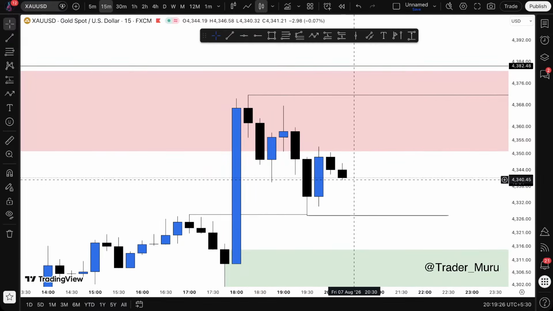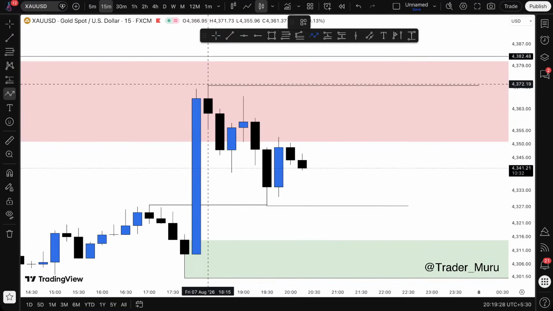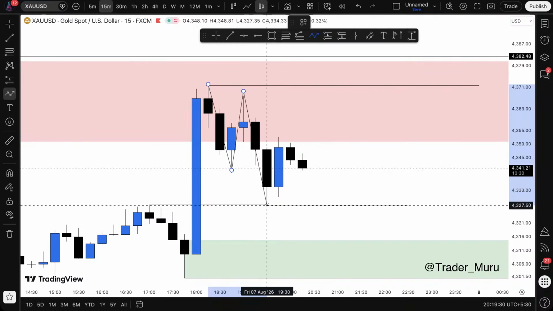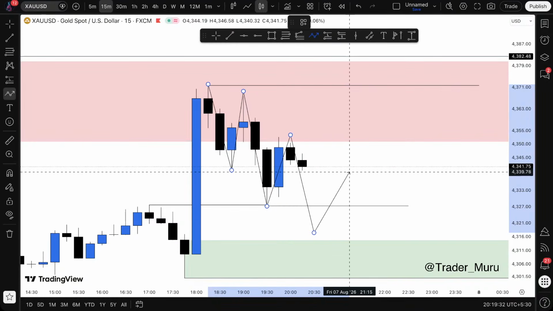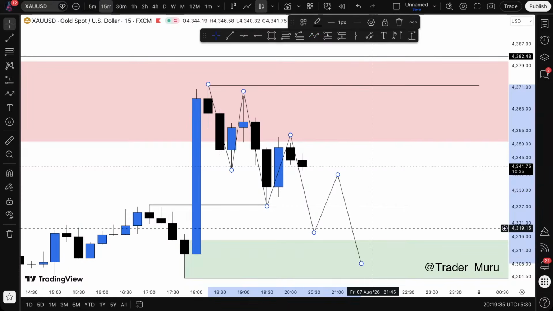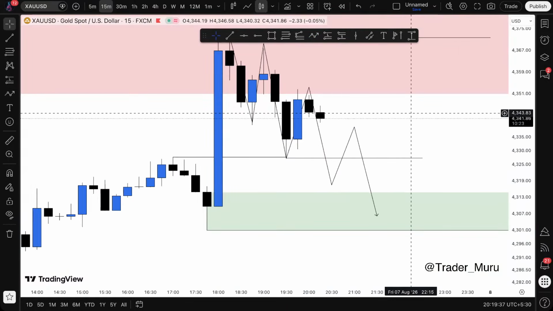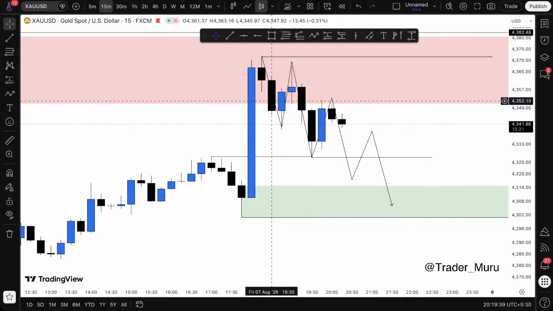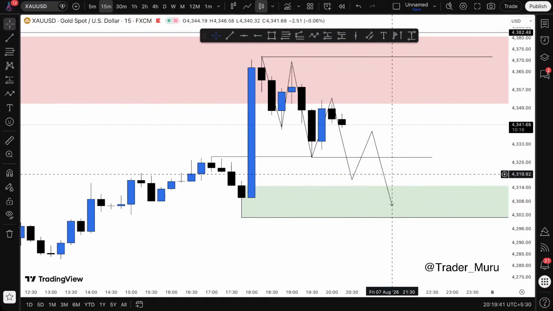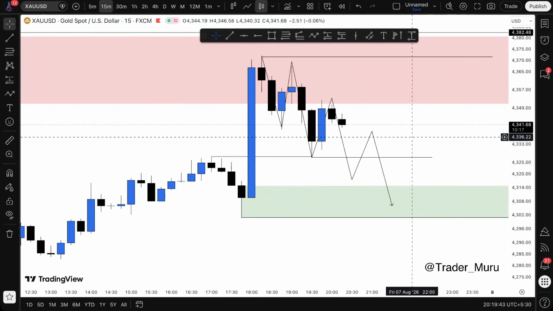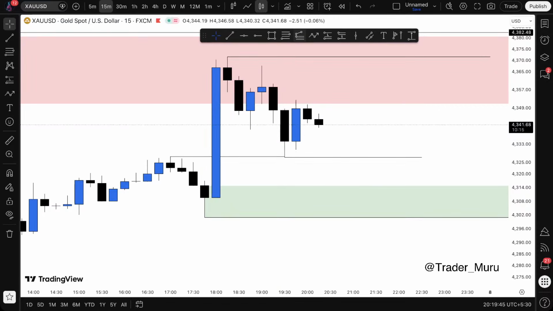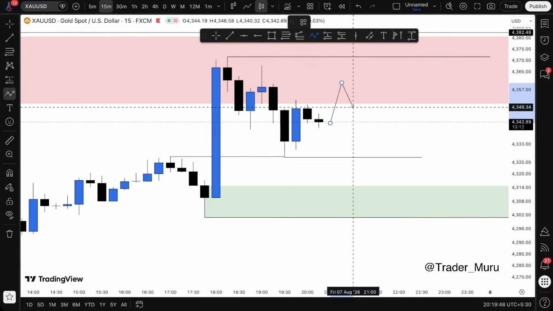It is still bearish, making lower low, lower high, lower low, lower high. It can make a lower low, lower high, and break below this. Just a range for some time, break below this low and start dropping. If it is creating a higher high and higher low, then you can watch for a buy.